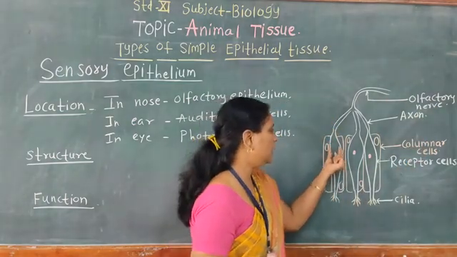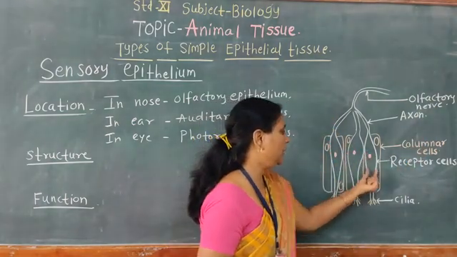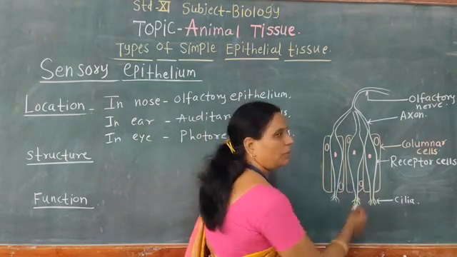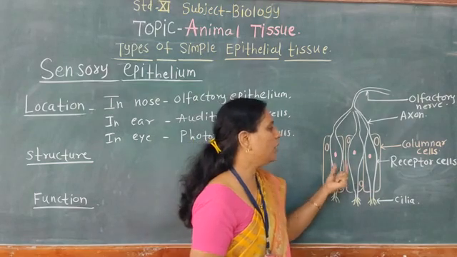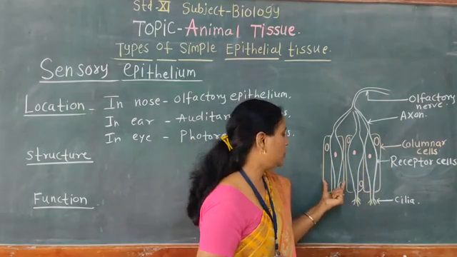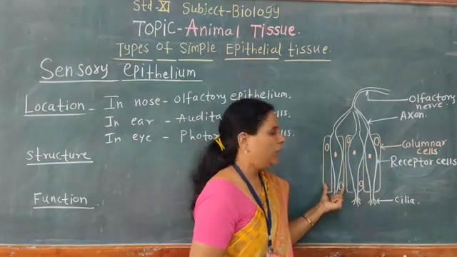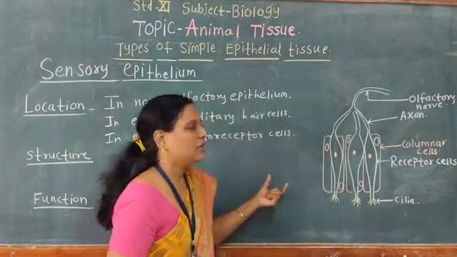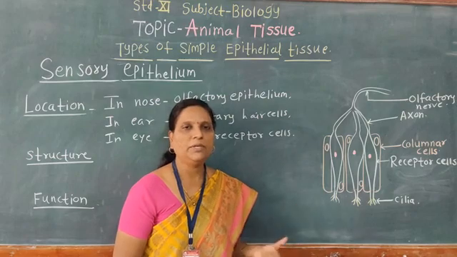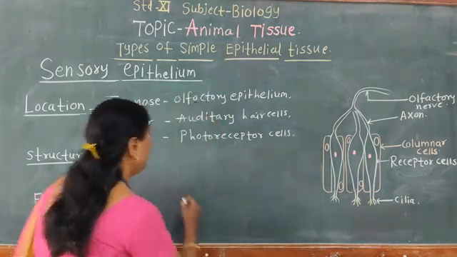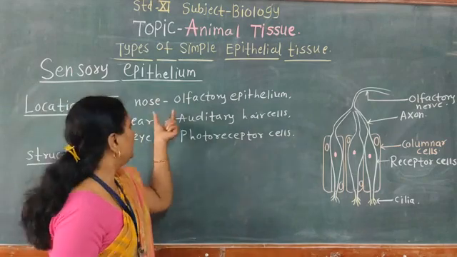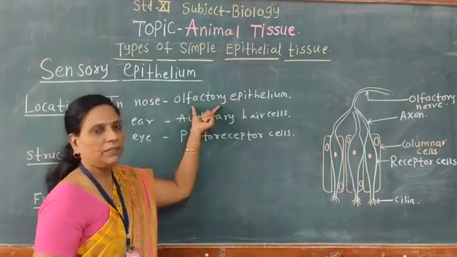These are the receptor cells which are modified epithelial cells, and the other cells are the supporting cells, that is the columnar cells, which are also present for support. So modified epithelial cells mainly receive stimuli and convert to impulse. It is present in nose, ear, and eye. In nose they are called the olfactory epithelium.